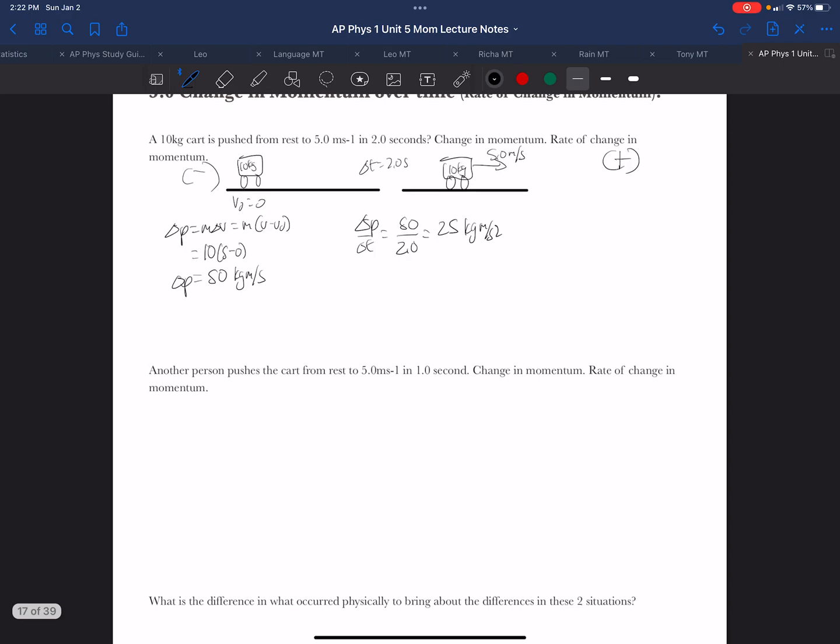All right, so now the second part of this, we have the same scenario. A 10-kilogram cart, V0 equals 0, and now we have a delta T of 1.0 second.